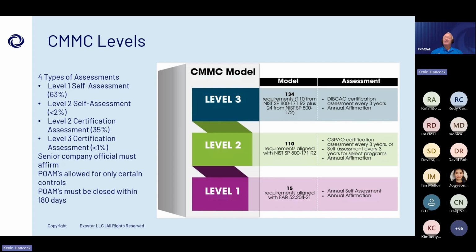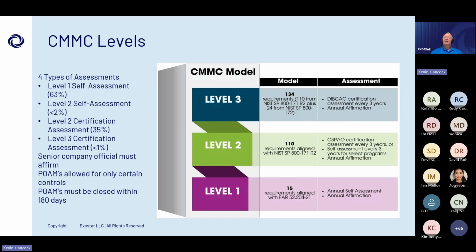It's going to be set at the contracting office, and the contracting officer will determine that. Less than 2% of organizations will fall in this category. So it's expected that the majority of level 2 will require this third-party assessment.